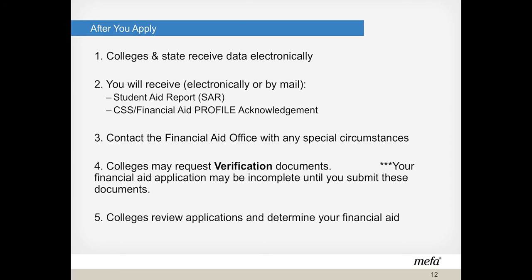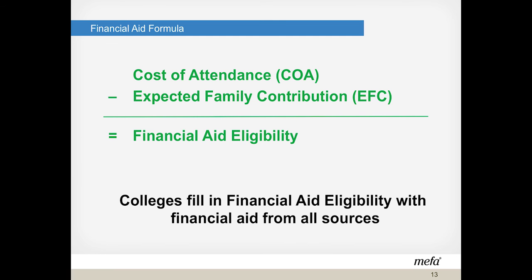So it's very important to listen to those voicemails from the college financial aid offices and to answer any mail you receive. Good reminder to the students in your household, because they might be receiving those emails. They need to check those emails because they might be requested to submit additional documents. And then finally, once colleges get all your information, they're going to review your applications and then determine your financial aid.